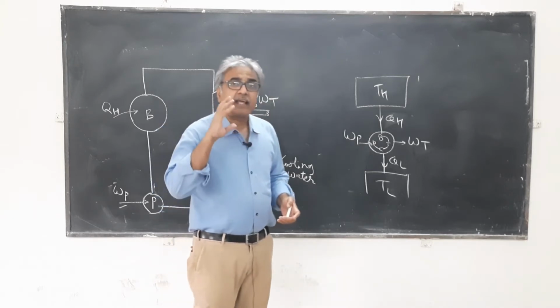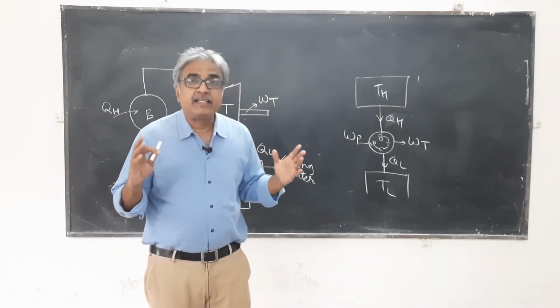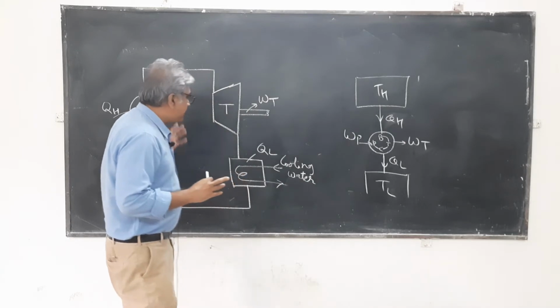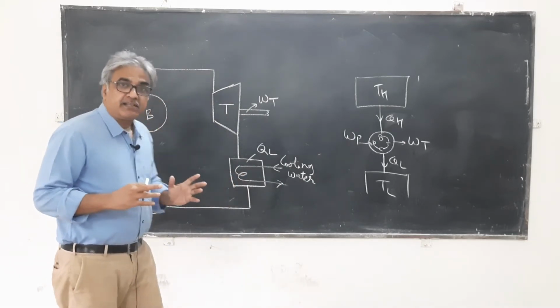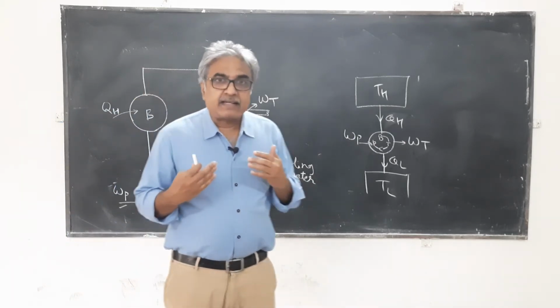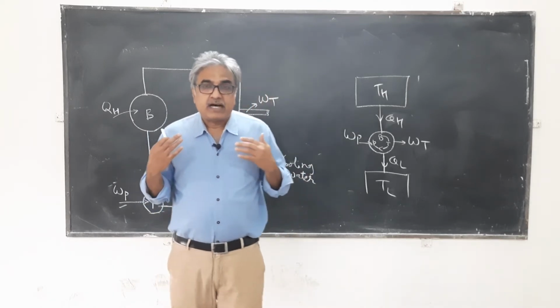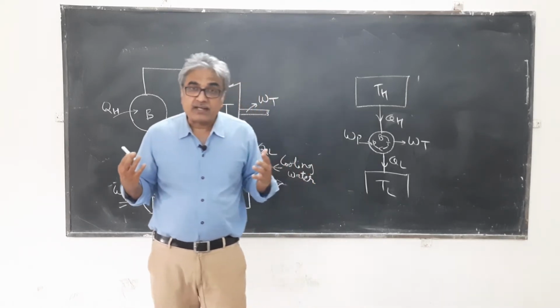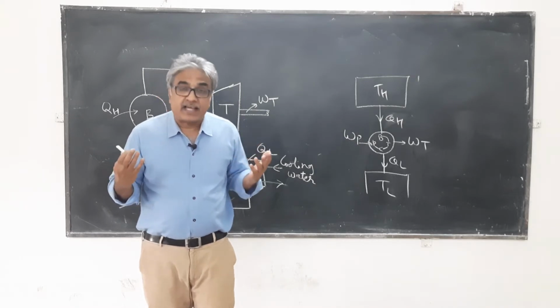Now, let us consider an ideal cycle, right. We will consider all the ideal processes, and the ideal thermodynamic cycle on which steam power plants work is the Rankine cycle.